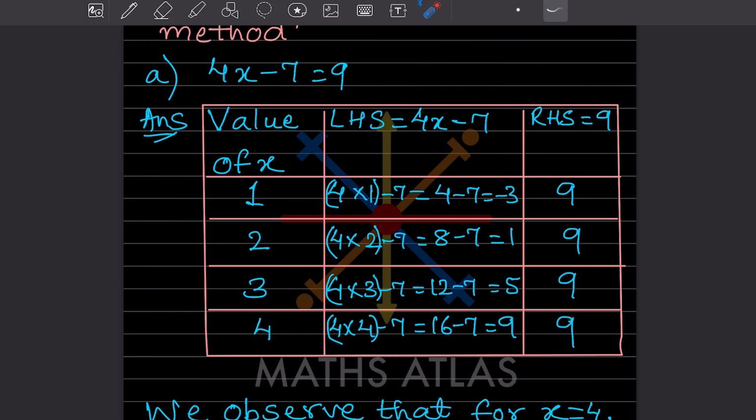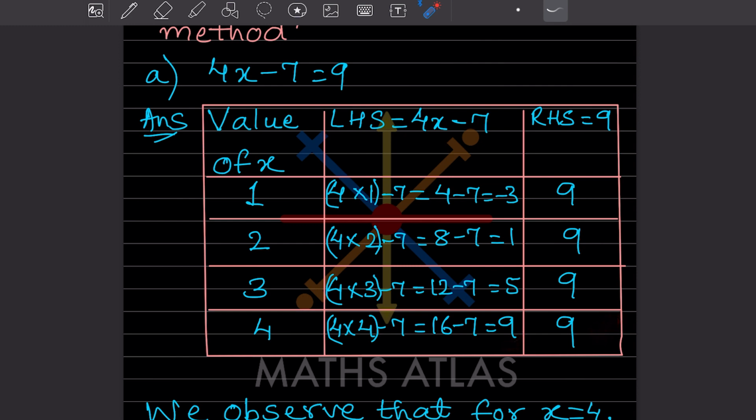So now we have to go for the next step, that is, we put the value of x as 4. Here 4, x is 4, and minus 7. So 16 minus 7 is 9, and this also is 9. Both sides, the LHS is 9 and the RHS is 9.